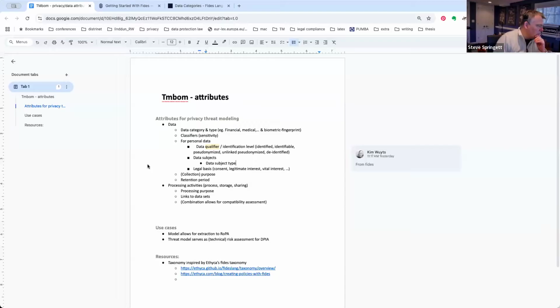But then there was a spreadsheet I was also working on where I was starting to capture the types of data that all the different threat modeling tools supported. Oh, I think I missed that. If one of the use cases is essentially interoperability between all the threat modeling tools, we kind of need to make sure that we can represent at least the majority of the data supported by each of these tools.